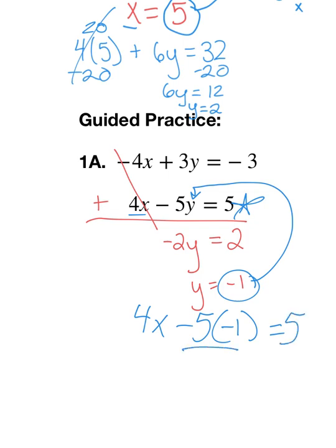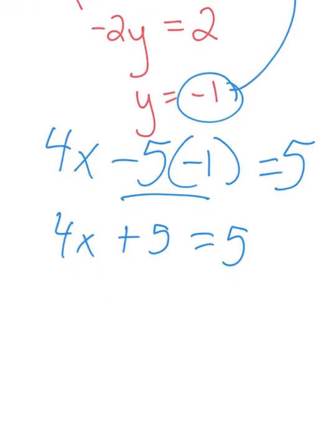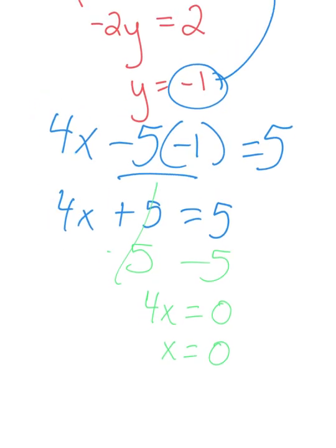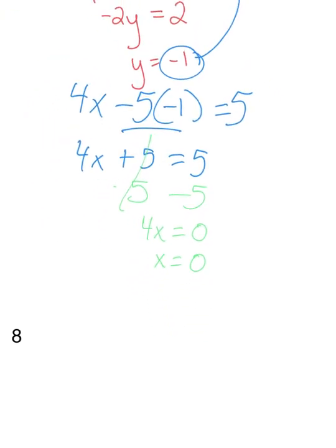Now keep in mind this gives me a positive 5. So from here, subtract 5 from both sides. You get 4x equals 0, divide by 4, and you still get a 0. So your final answer here is (0, negative 1).